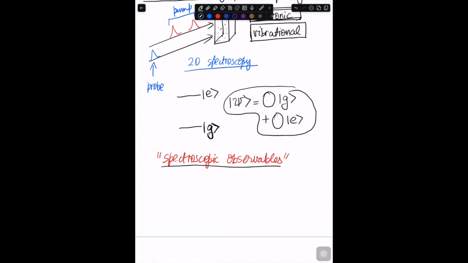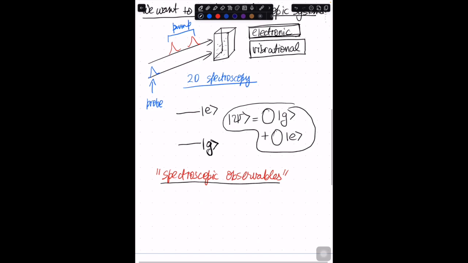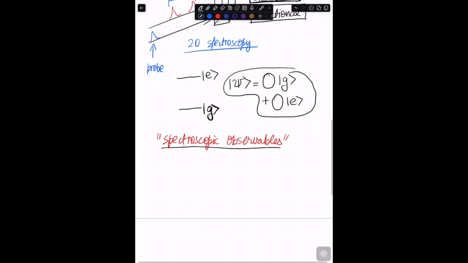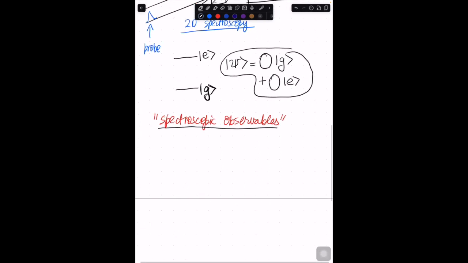So, if you consider linear absorption spectroscopy like UV-Vis spectroscopy as such, you have only one light field which interacts with your system. So let's just say you have a cuvette. These are just very simple examples and must not be taken too seriously.